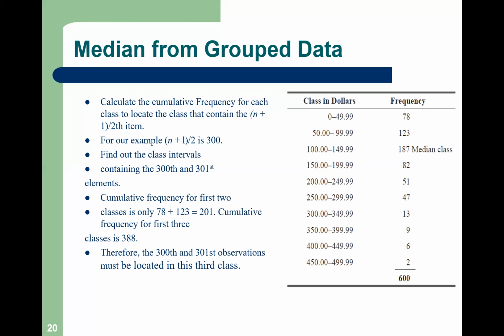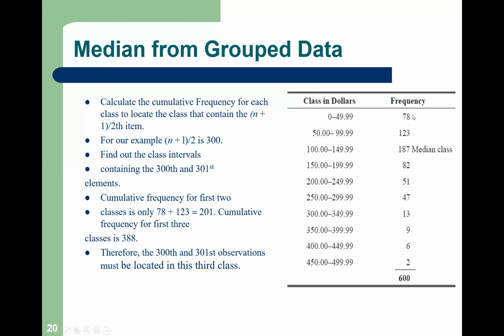Because in a frequency distribution we don't have actual values, we first need to locate the class which has this 300th value. For that we need to calculate cumulative frequency, and the cumulative frequency will tell us in which class the 300th value is located. The cumulative frequency of the first class is exactly the same, that is 78.